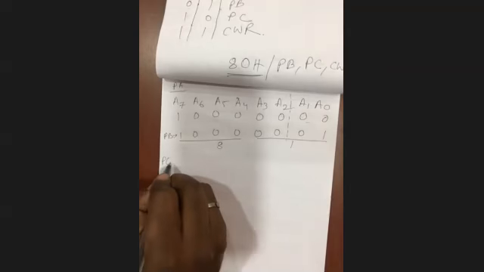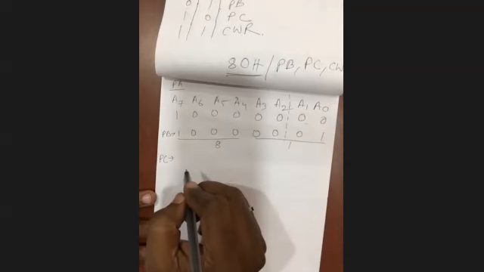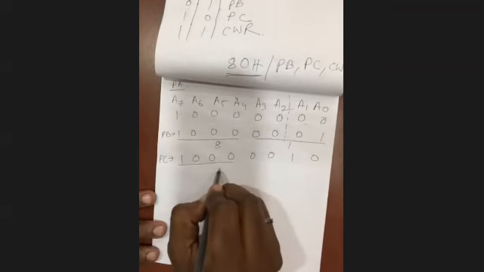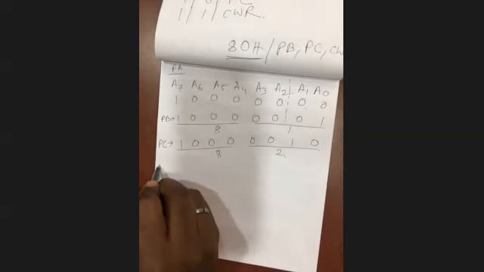Next, port C. What will be the value? 1 0 0 0 0 0 0 0 with the left bits unchanged, then 1 0. So it will be 8 and it will be 2, 82. Okay. Next, CWR.